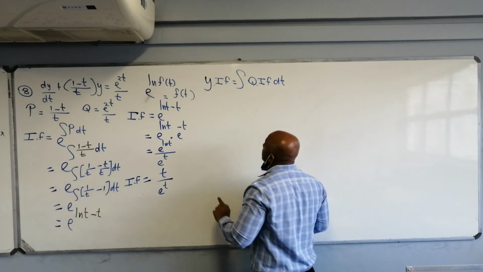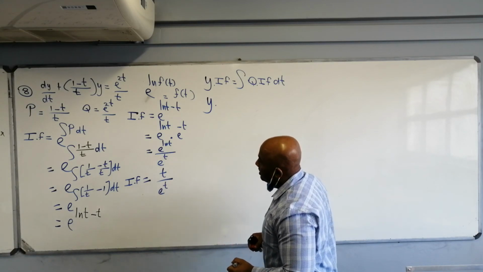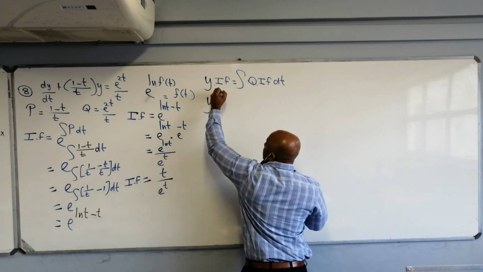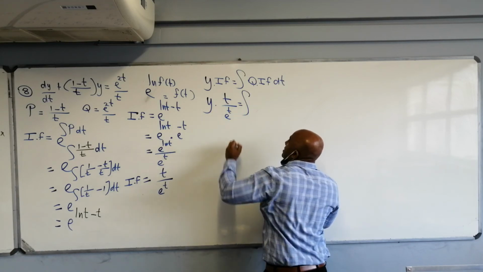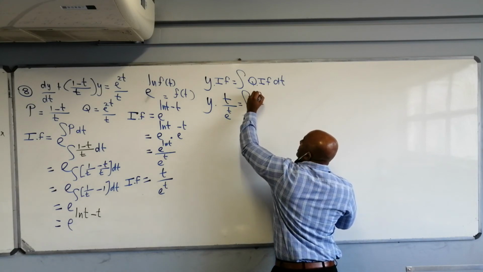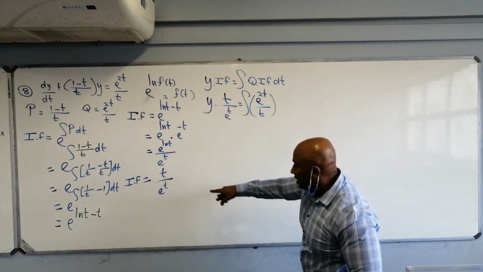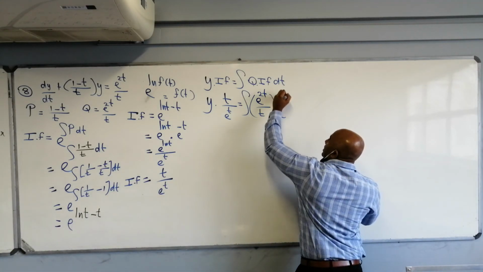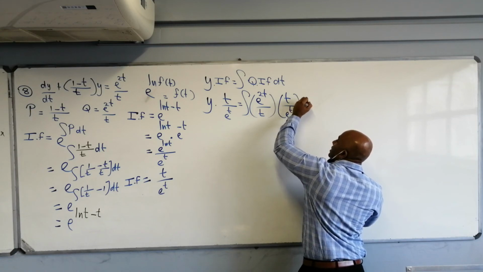So now it's going to be y times your integrating factor. What is my integrating factor? It is t all over e to the power t is equal to the integral of q. Where was q? Q was e to the power 2t over t. And my integrating factor is t all over e to the power t dt.